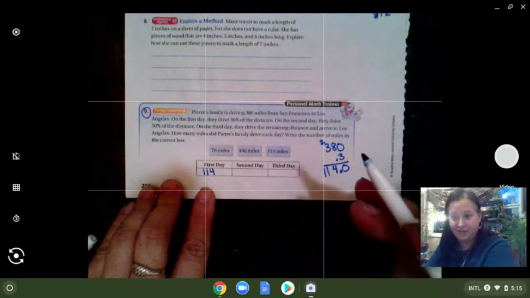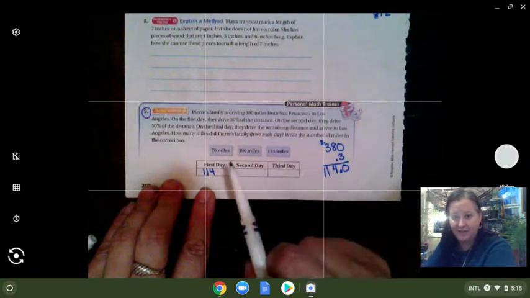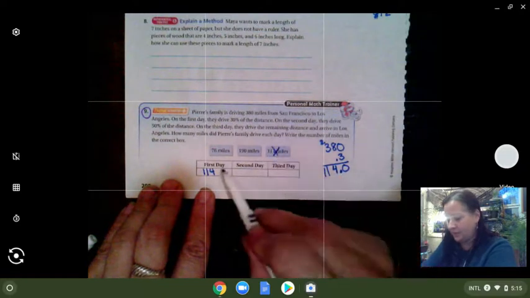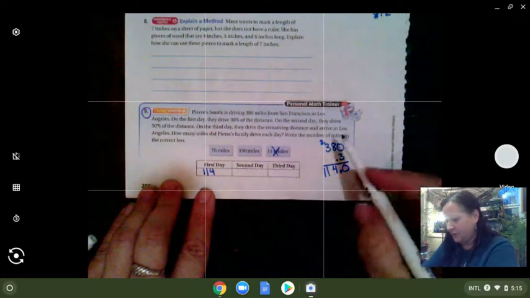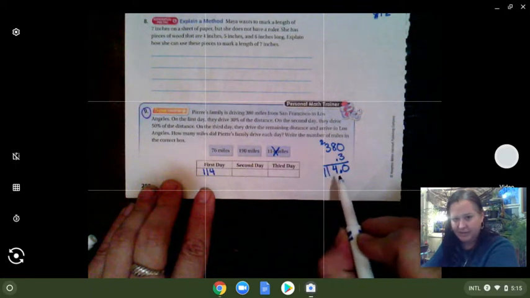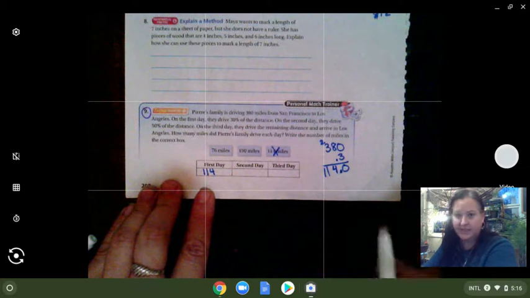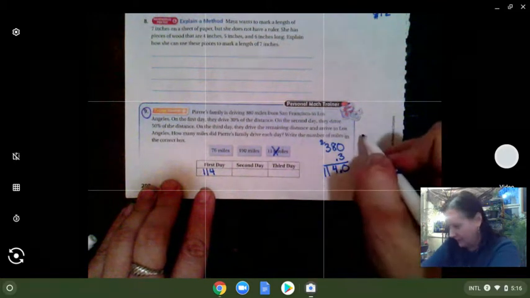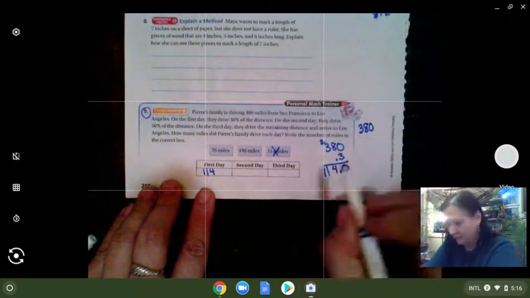So I may actually have to figure this out twice. I'm very thankful that they gave me some options here. If they're driving 50%, I can easily find 50% of this. It'd be half of it. So it'd be 50 plus 7. So 57. So good. It's not that. They're still talking about the 380 miles from the beginning.